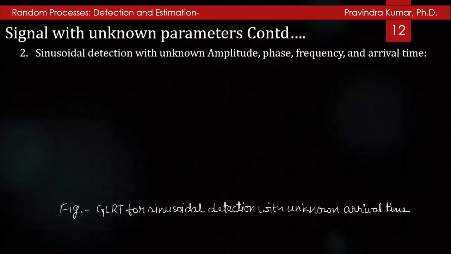So the block diagram of the GLRT for a signal with unknown arrival time.